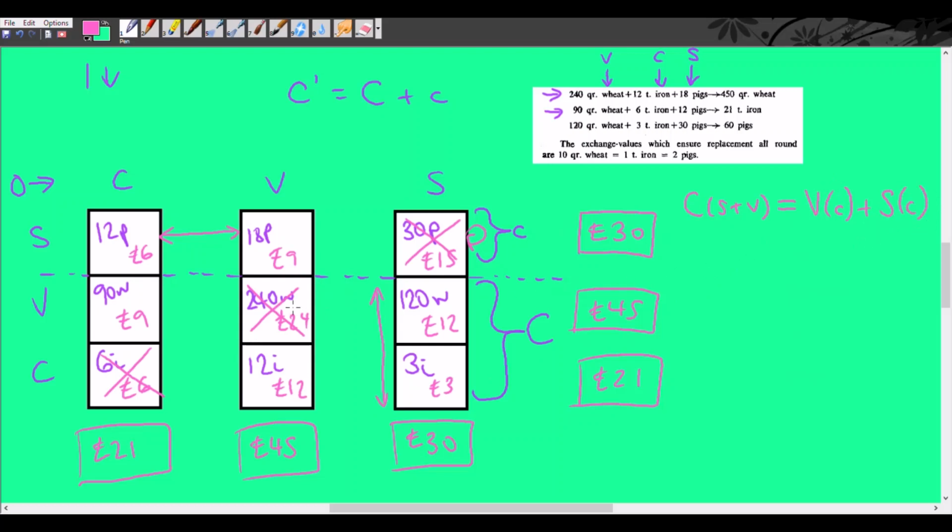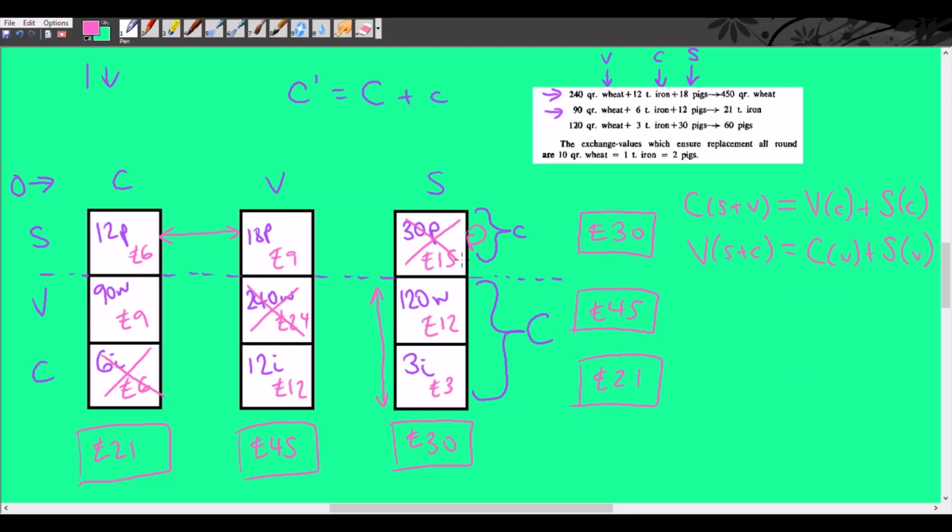And then the second one here, we can say V, the surplus and the capital of V is equal to the V of the capital industry and the V of the surplus industries.